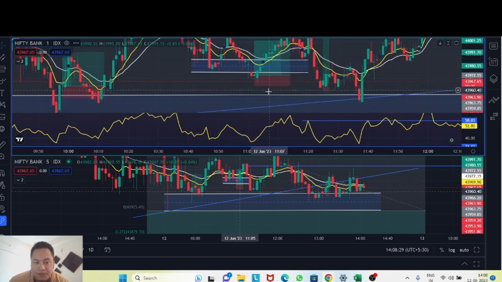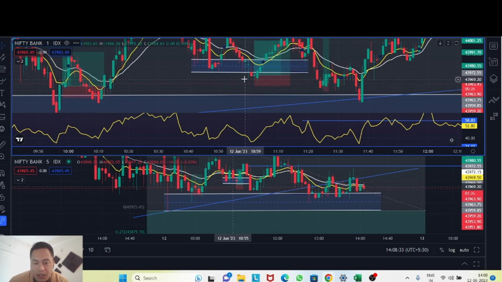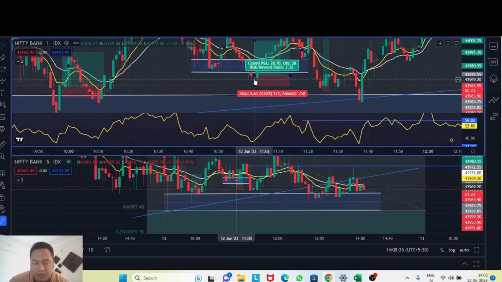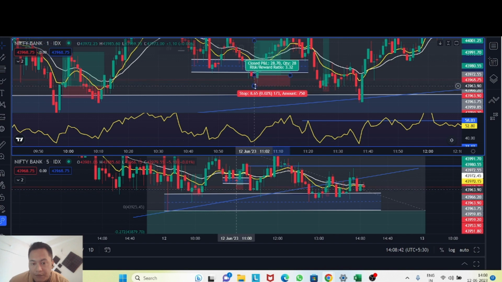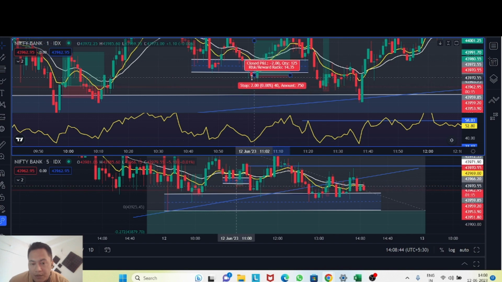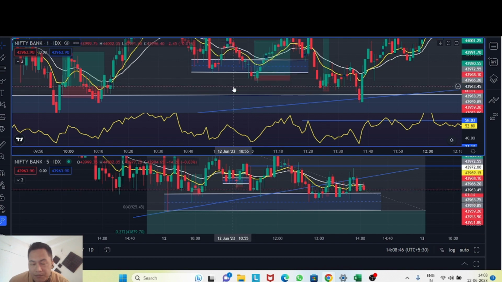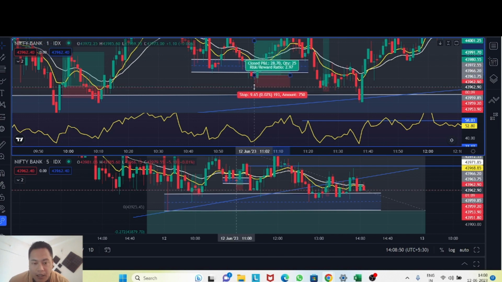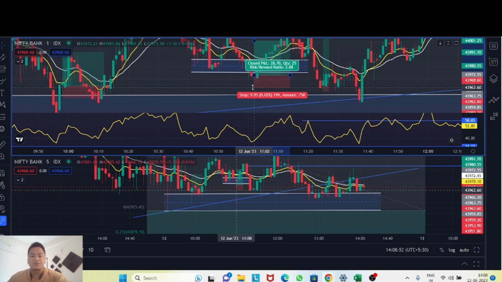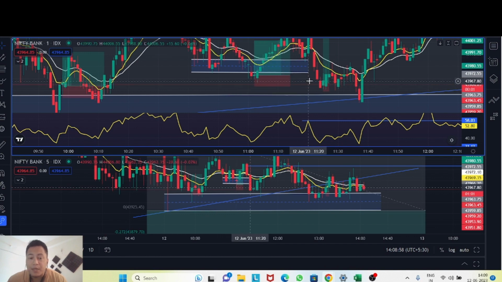So to be on the safer side, I did not keep an SL below here, and you can see that it did. If I had kept my SL somewhere below this candle, my SL would have been hit. So I saw that there was an inconsistency here, so I kept my SL pretty big.